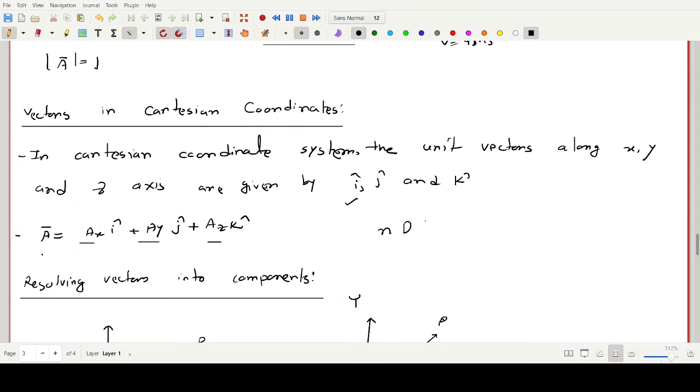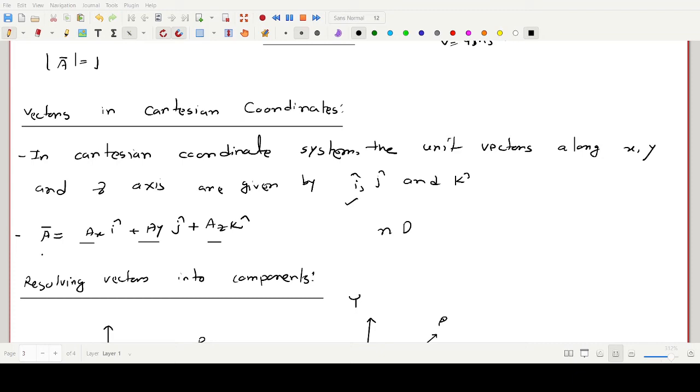Now tell me one thing, if a 3D vector has 3 components, then what will be the number of components for an n-dimensional vector? How many components does an n-dimensional vector have? n number of components? Yes, n number of components.